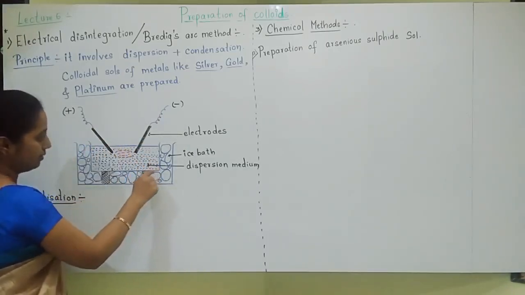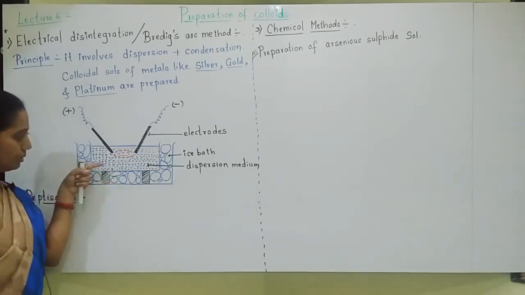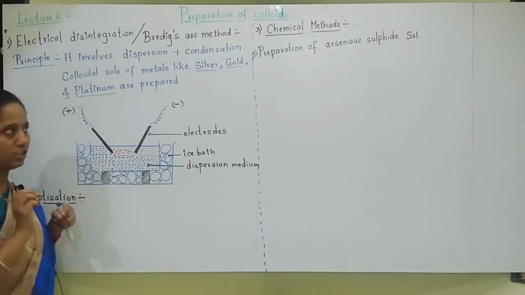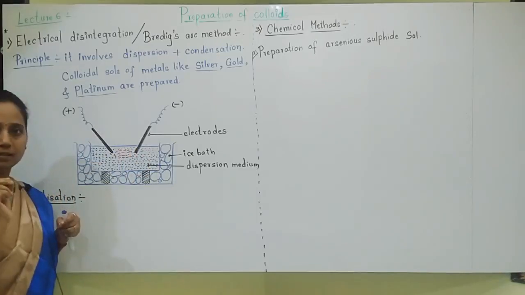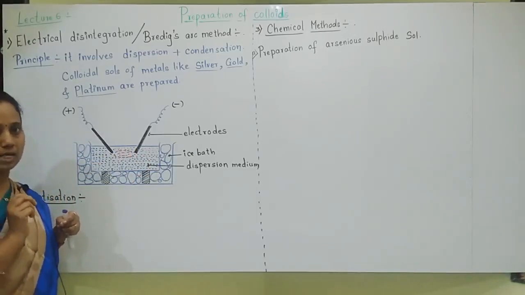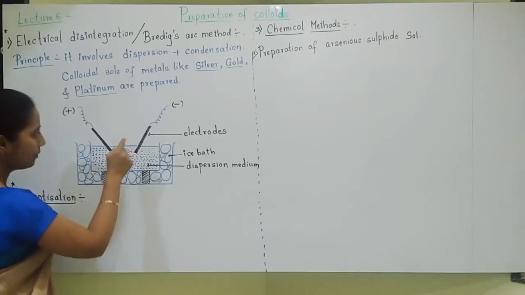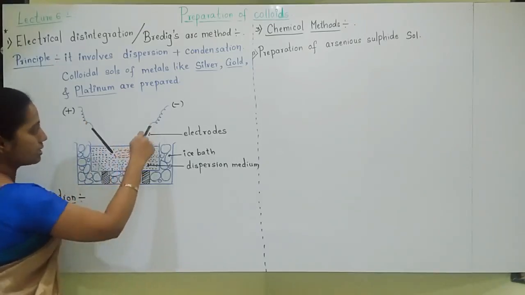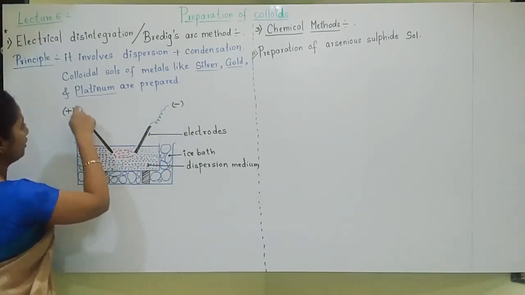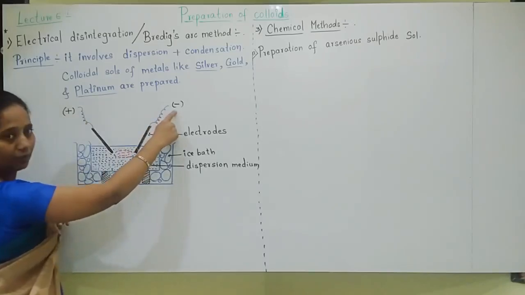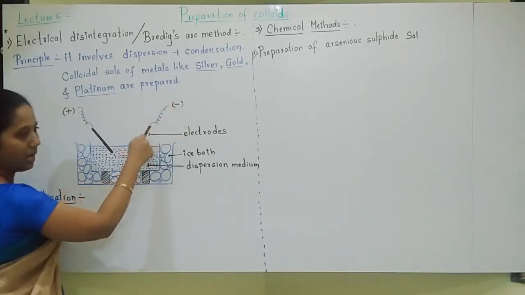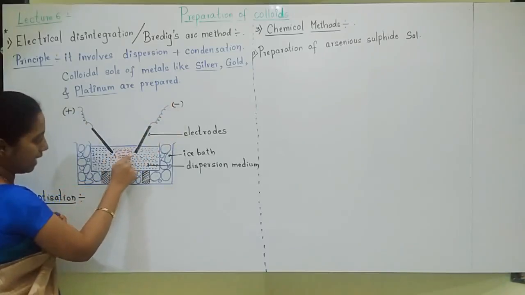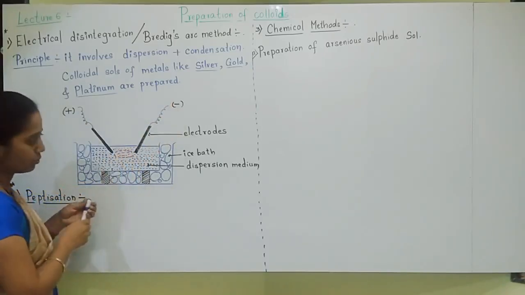Here is a vessel in which the dispersion medium is taken. Generally for Bredig's arc method, water is used as the dispersion medium. The rods are connected to high tension batteries. Current is passed and an electric arc is produced.